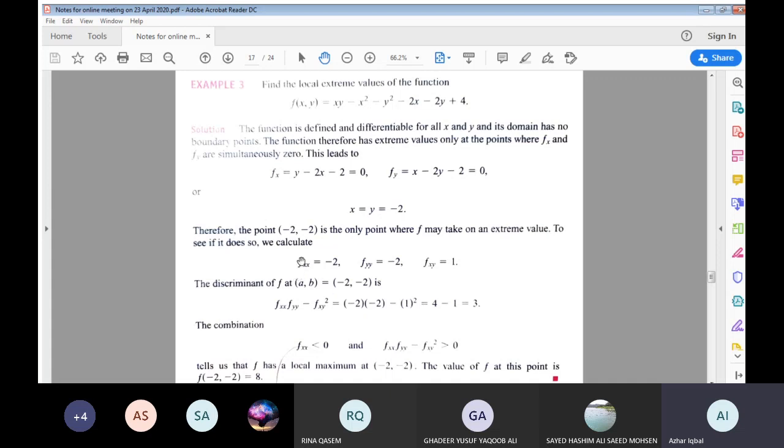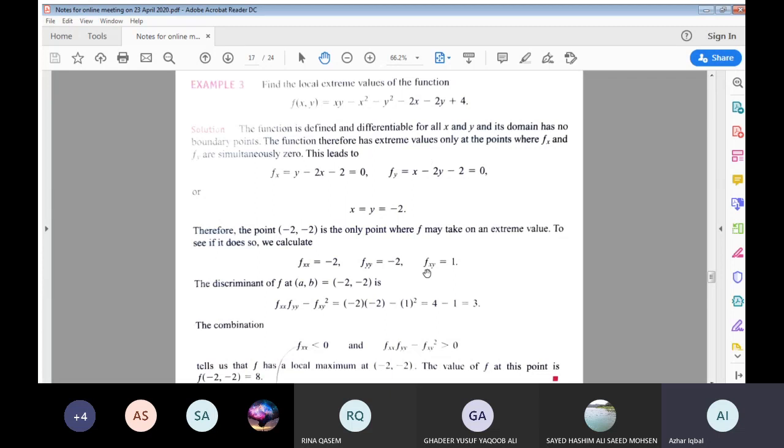The second partial derivative of f with respect to x at this point: you differentiate this function again with respect to x, and it gives you -2. Likewise, if you differentiate with respect to y again, it gives you -2.